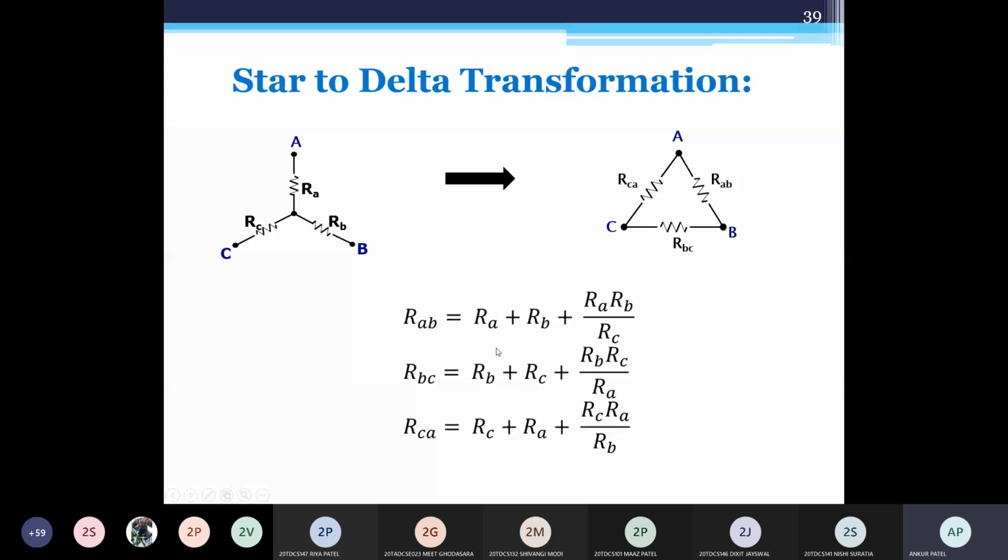For RBC, you can write RB plus RC plus RB into RC divided by the third resistor RA. RCA is RC plus RA plus RC into RA divided by the third resistor RB.